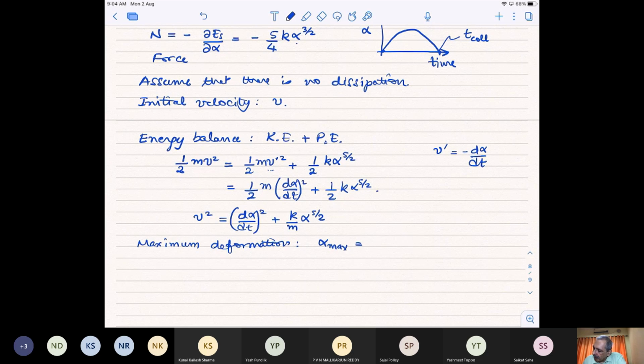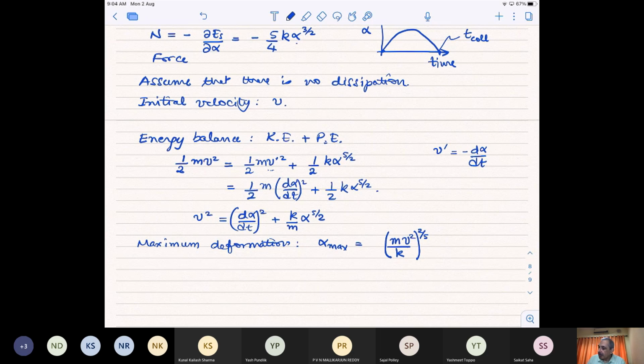So if you want to find out alpha max, then I can just simplify this by first putting this term equal to 0. So then you'll get alpha max is just m v squared divided by k, and this whole thing raised to the power of 2 by 5.